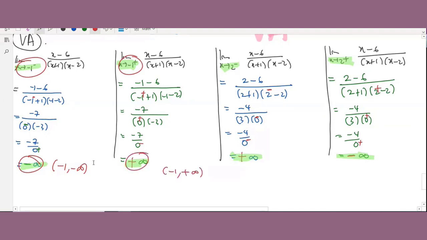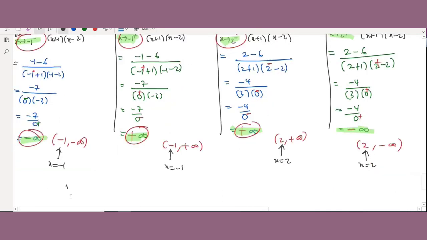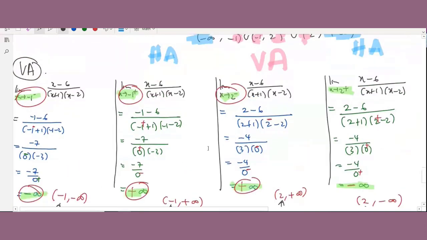You have to check and show both. 2 positive infinity, 2 negative infinity. Since this one is an infinity sign and this one is an x value, x is equal to 2. So the vertical asymptotes are x equals negative 1 and x equals 2.